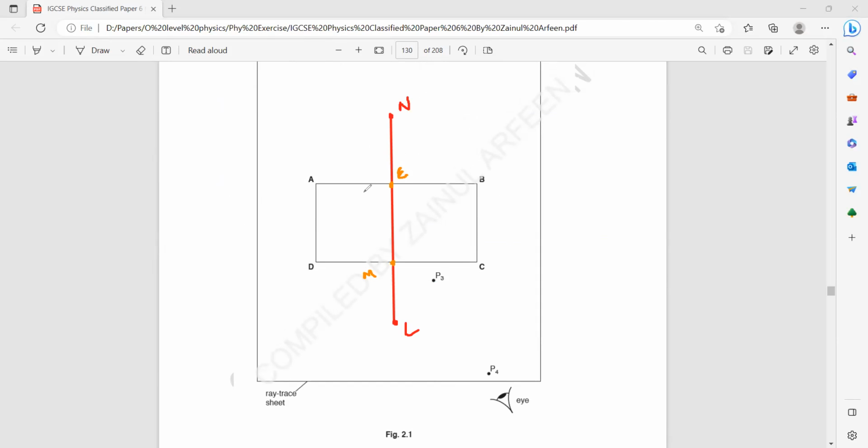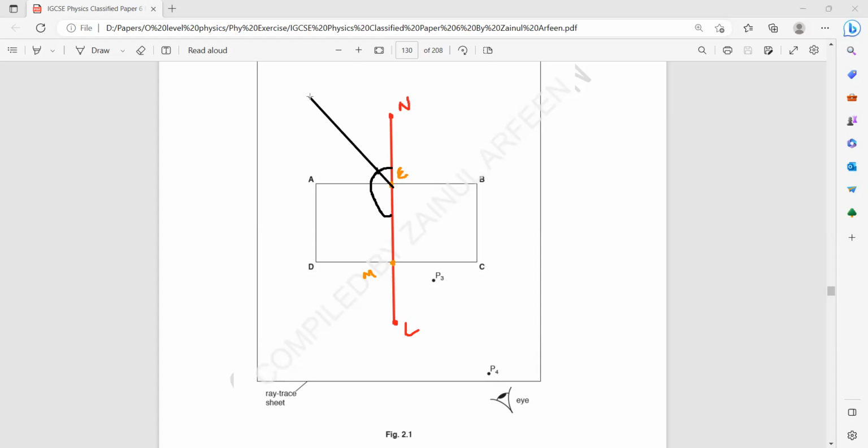Then, as I mentioned in the question, on the left of this we have to draw another line, and the angle of incidence should be 30. So you place your protractor, mark 30 degrees and draw the line at an angle of 30.